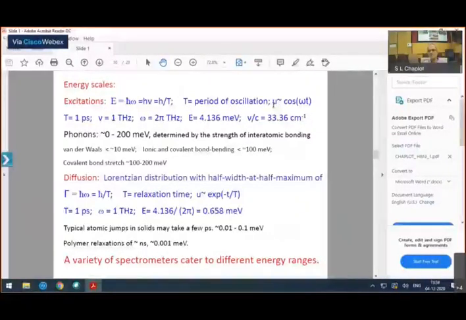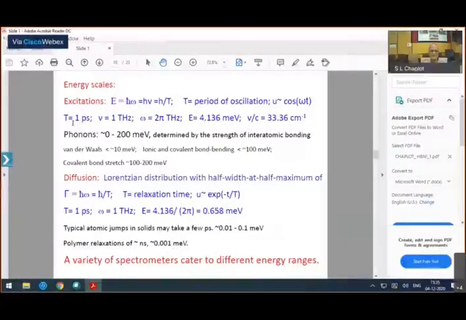The typical quantity of interest, like the atomic displacement in a simple harmonic oscillator, is like cos omega t, where omega is the angular frequency and t is the time. Now in solids, we know that the typical frequencies are in the range of a terahertz, so the corresponding time period is a picosecond.